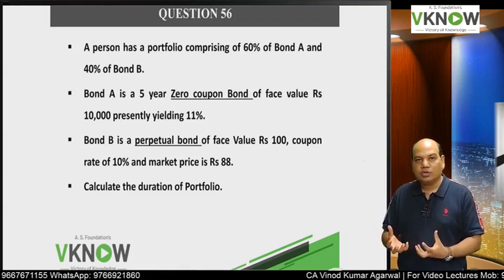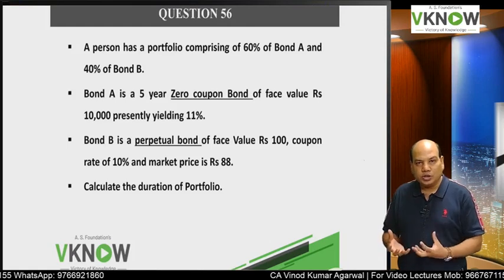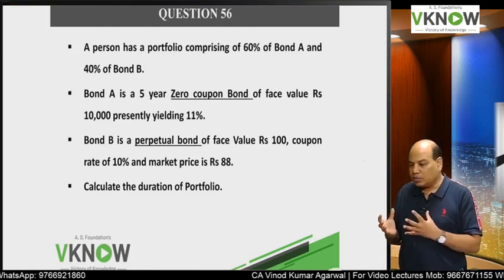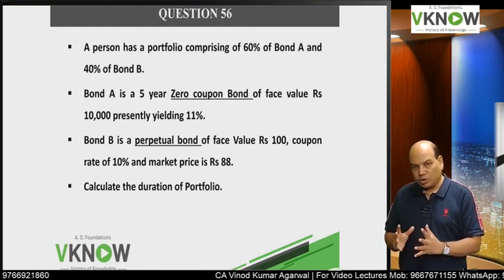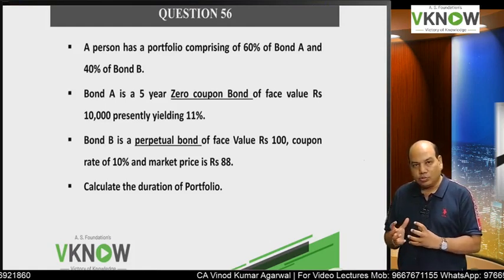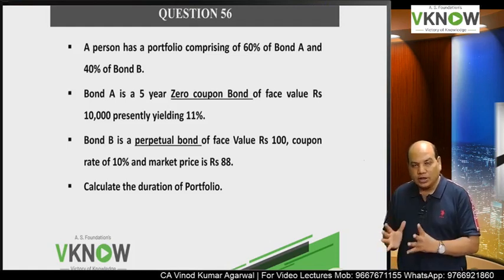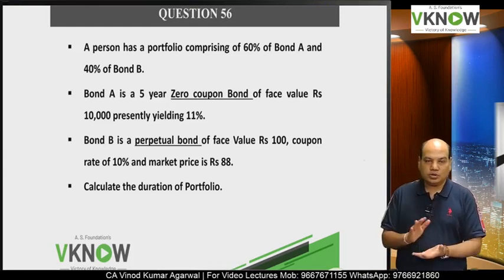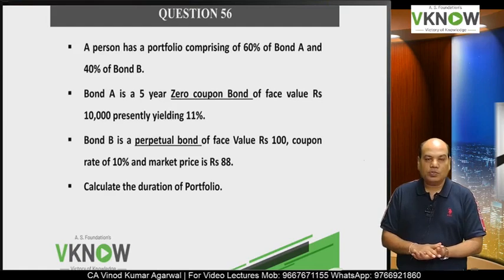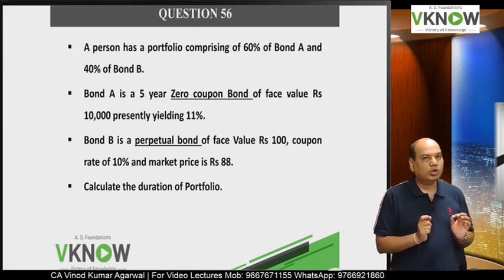So first I need to find out the duration of that perpetual bond, and for that we need the YTM of the perpetual bond. Once you get the YTM, you will get the duration of the perpetual bond, and from that you will be able to find the weighted average duration.